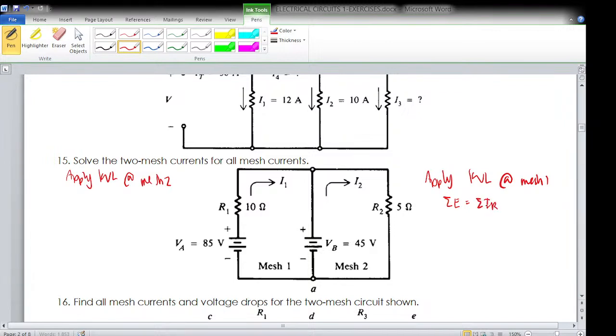Now in mesh 1, what are the EMF? 85 volts, or V sub A. Okay? How about V sub B? Can't we include V sub B? Because it is also in mesh 1, class. See, this is mesh 1. So it is covered. Right?